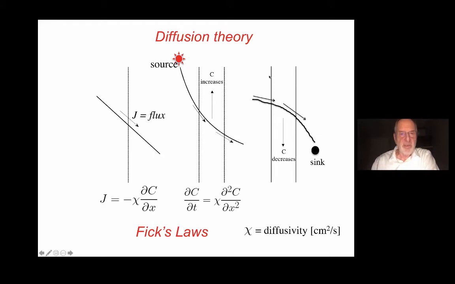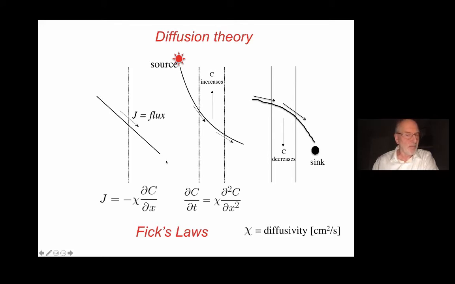In classic diffusion theory, Fick's law says that the flux down a concentration gradient is related to minus the diffusivity times the gradient. The gradient is negative because it's dropping, but minus that is a positive, times chi gives you a positive flux down the gradient.